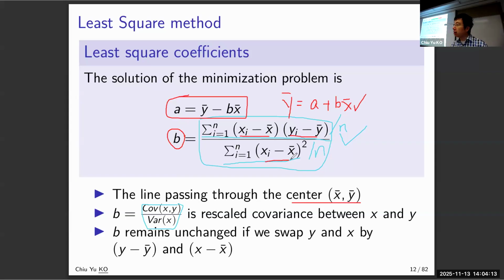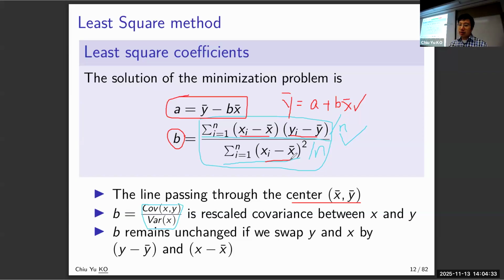So if you subtract the mean from the data and run the regression, actually there is no difference. The b will be the same.